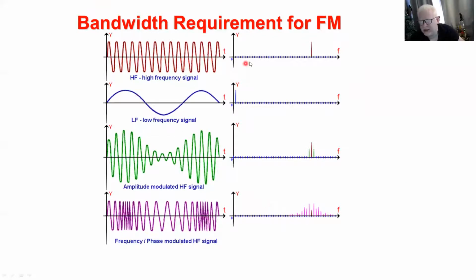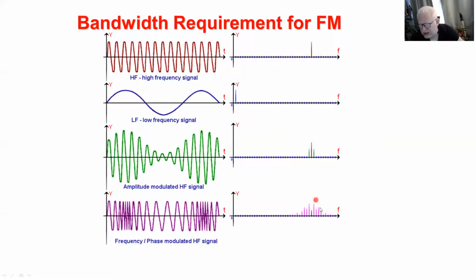As you can see, this is just a very quick comparison. Here is the carrier, here is the message. Now this is the AM signal, and this is the FM signal, and this is the bandwidth for an AM signal, and this is the bandwidth for an FM signal.